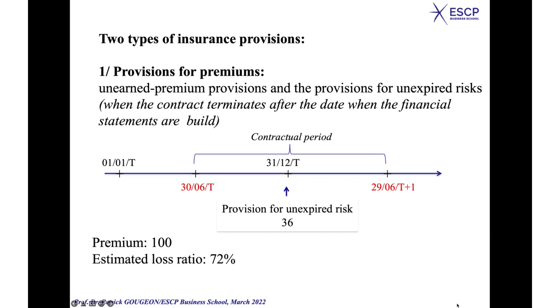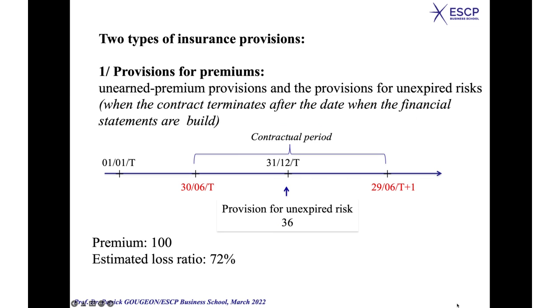So let's look at it with the time axis here. Let's assume that you sign a contract at the end of June, year T. When you build your balance sheet at the end of year T, 31st of December, since the contract is still running, because the contractual period is 1 year, it goes until 29th of June, T+1.